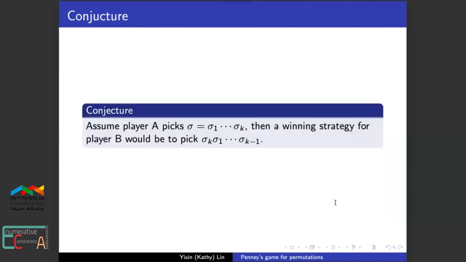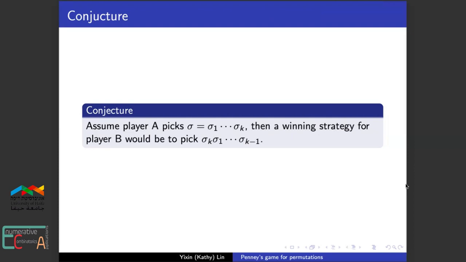But one thing we would like to mention is that we do have a conjecture: assume player A picks sigma, then one of the winning strategies for player B will be to pick sigma k, so move the last digit to the front, and then follow with the symmetric order of sigma 1 to sigma k minus 1.